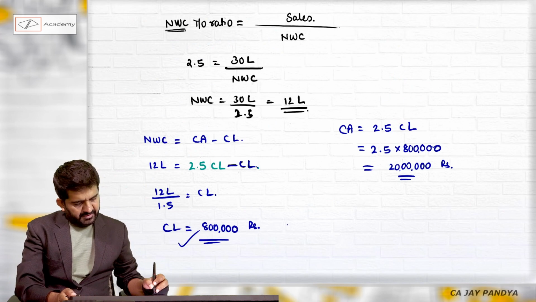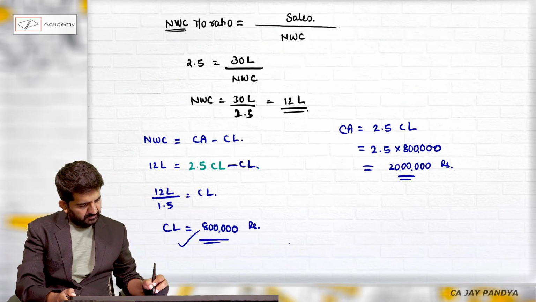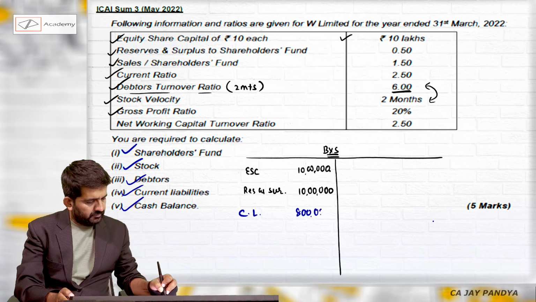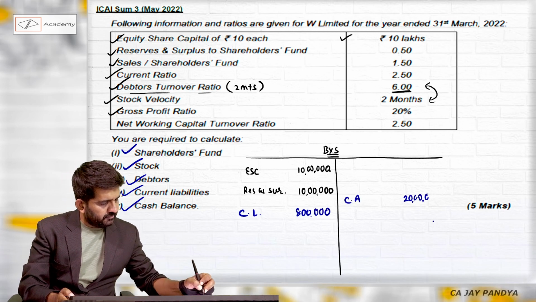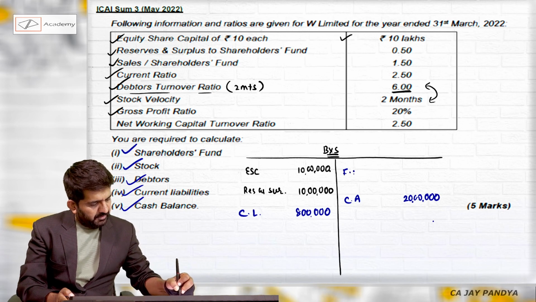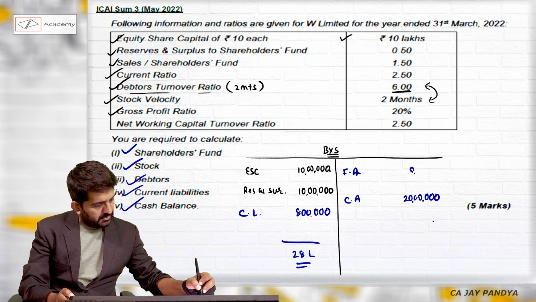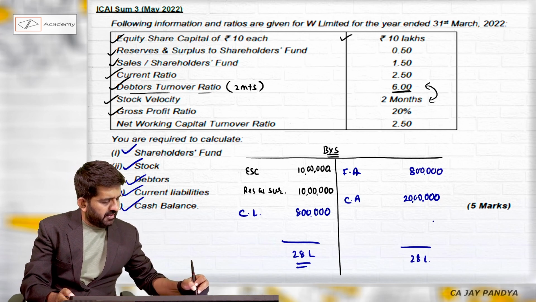Current liability is 8 lakhs. We also know current assets, which is 20 lakhs. Here will be fixed asset. We will be getting answer 28 lakhs. So this will be 8 lakhs rupees. Total will be 28 lakhs.